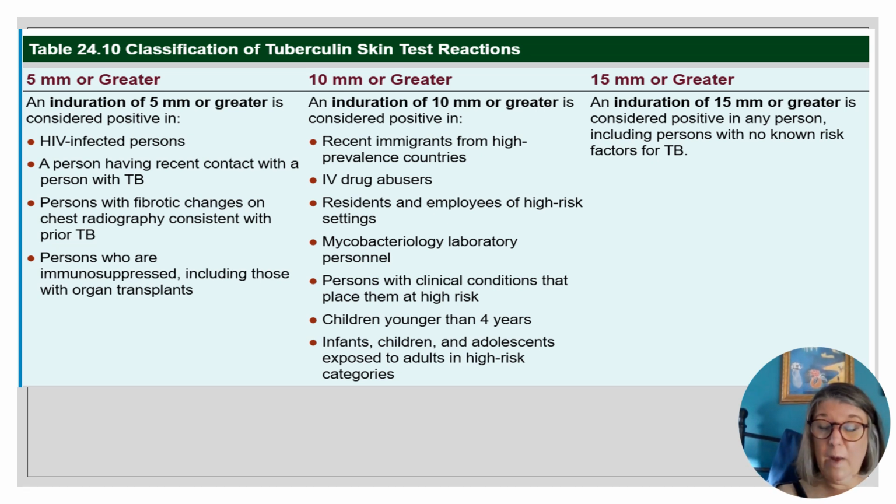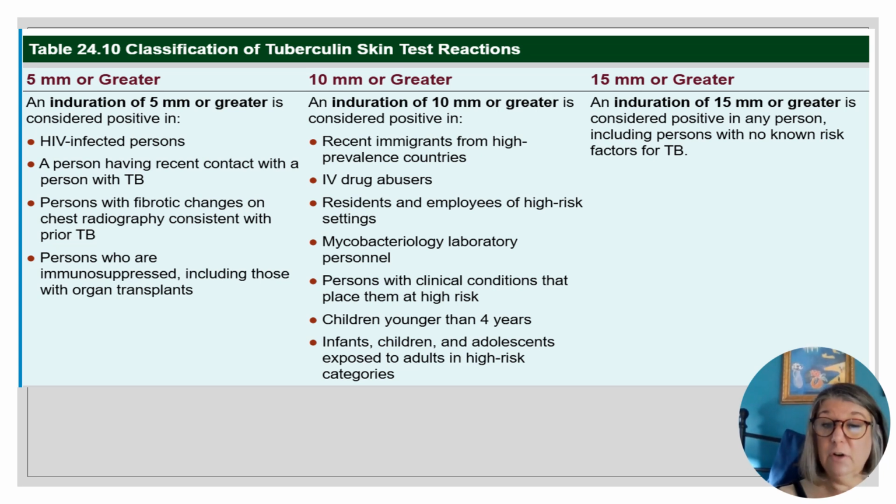When we go and read a skin test, we are looking to see what that induration is at. Now, an induration of 5 millimeters or greater is considered positive in an HIV person, a person having recent contact with somebody with TB, or a person who has fibrotic changes in an x-ray that indicate that they had previous TB, or immunocompromised people.